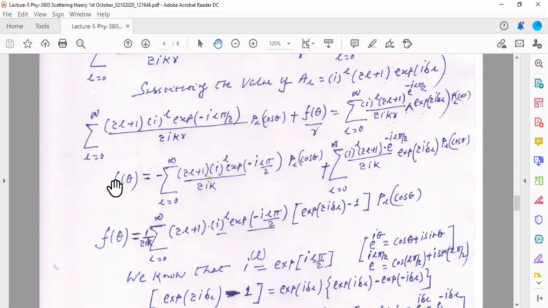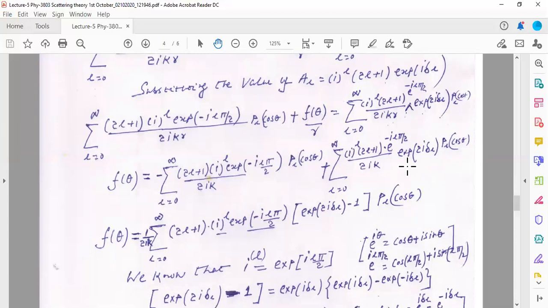So I can simplify: this term will be minus (2l+1) i to the power of l exponential of minus i l pi by 2 i k, and this term remains as it is. So you can understand this, right?